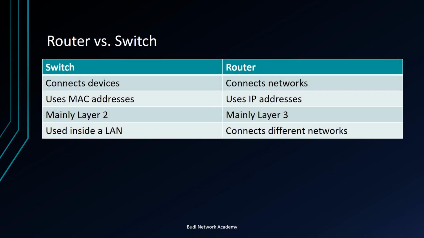Now let's compare a router and a switch. A switch is mainly used to connect devices within the same local network. A router is used to connect different networks together. A switch primarily uses MAC addresses, while a router makes forwarding decisions based on IP addresses.